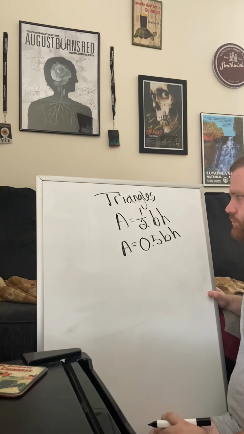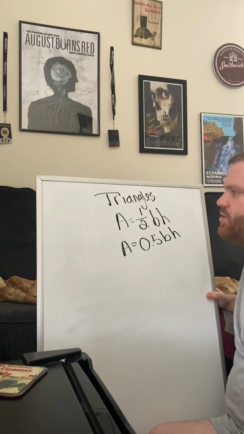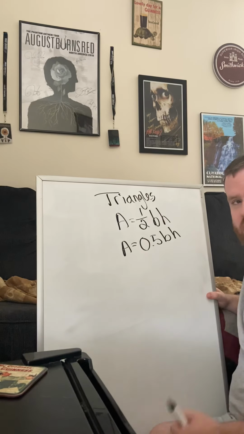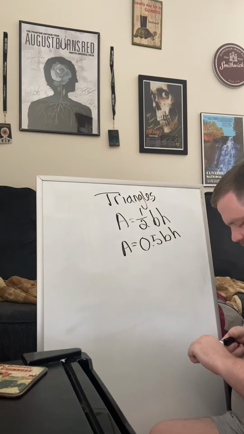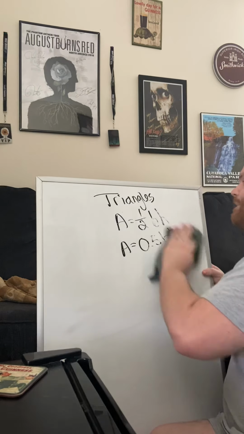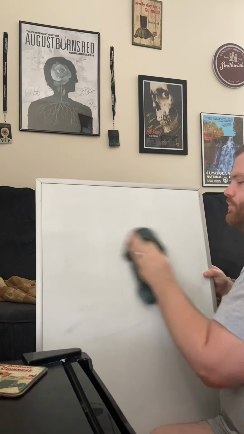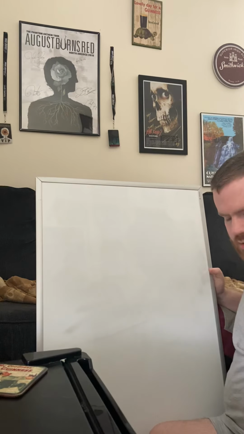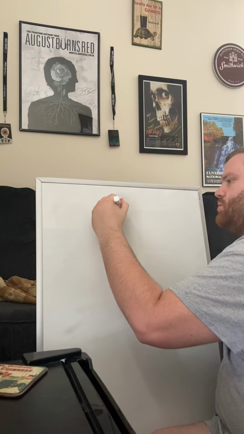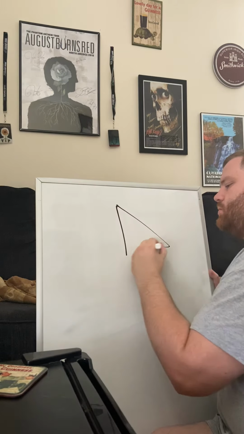So again, on your test, you just have to determine what the shape is and what they are asking you. Are they asking you for the area? If so, you use this formula, okay? So let's put it into practice. So, let's say I have a triangle that looks like this.